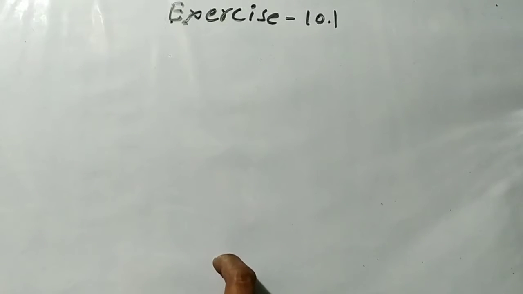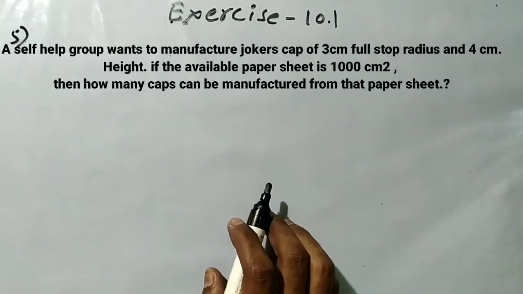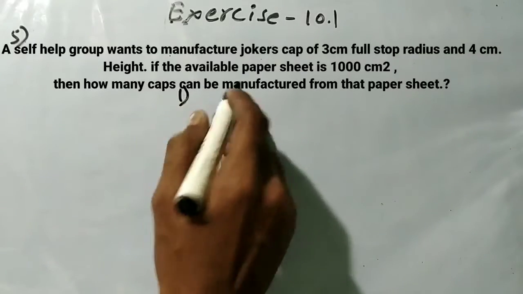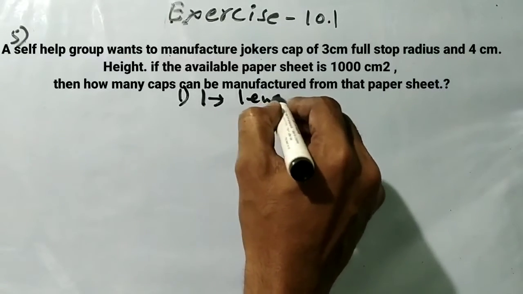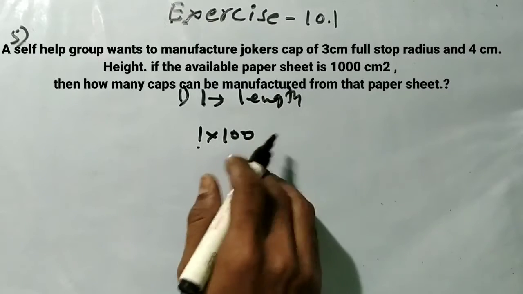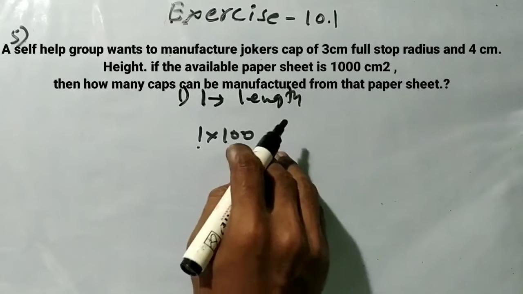Here the fifth question is the same as the first one, but just a little bit different. In the first question they have given one cap, we have to find one cap length, 1 cap into 100. We have to find 100 caps length of material required.